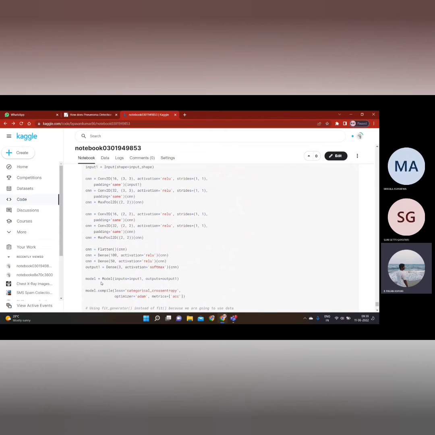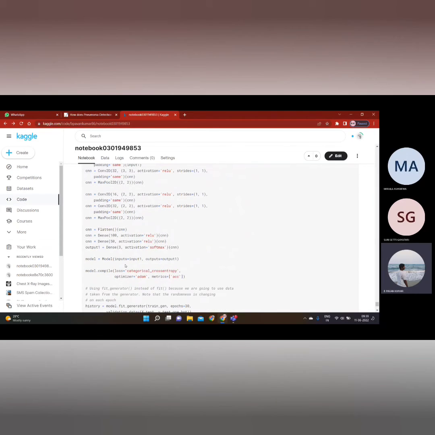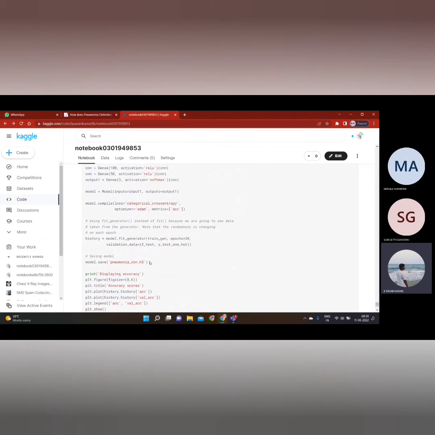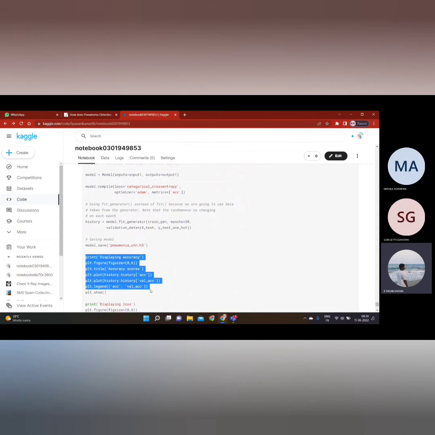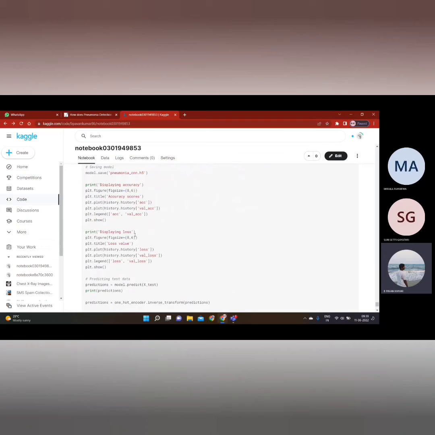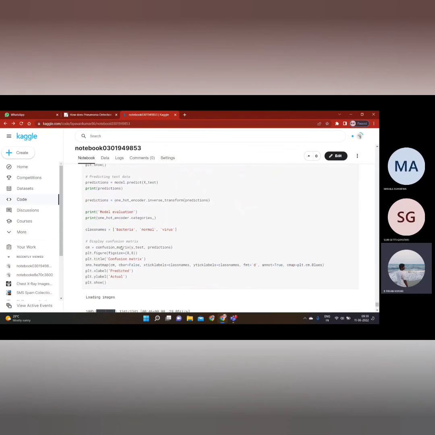We flatten the data and we calculate the loss and accuracy. We display accuracy by plotting with Matplotlib and also the confusion matrix here.